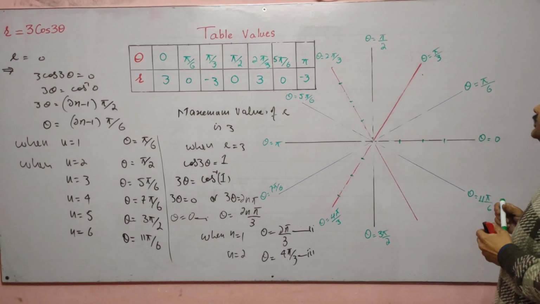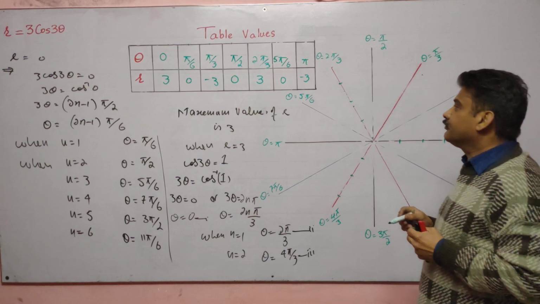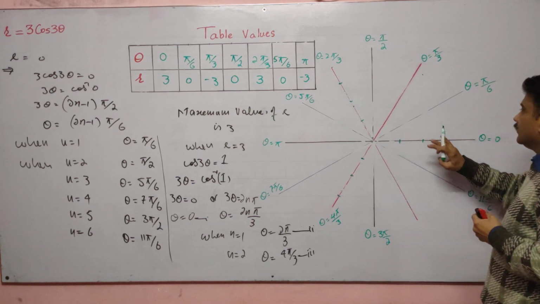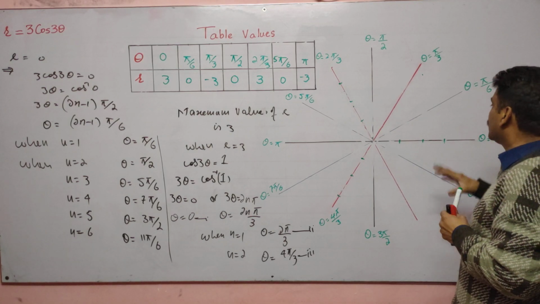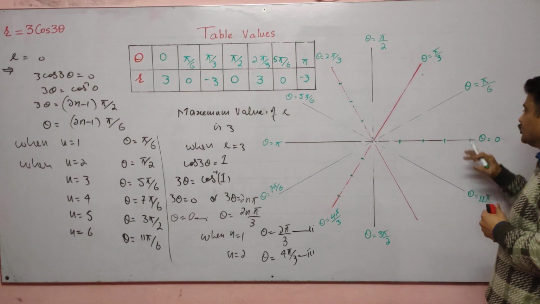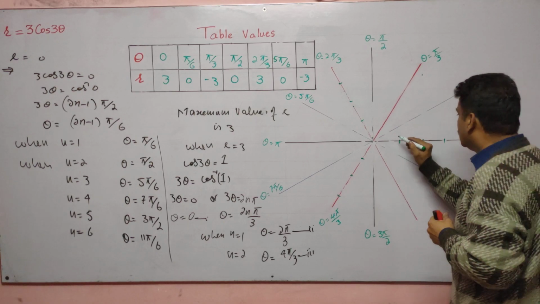After this, we now draw the graph of the curve. You know, the first loop of the curve will form on this line. Since the curve is symmetric about the initial line, we draw the portion of the curve above the initial line.